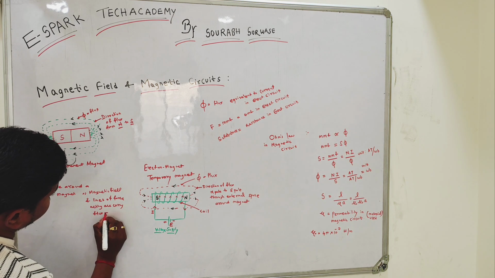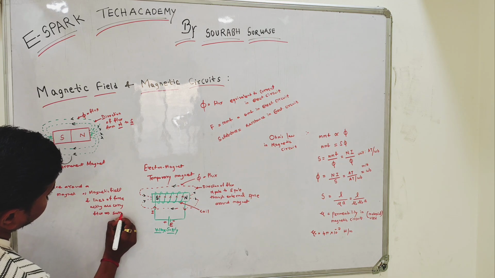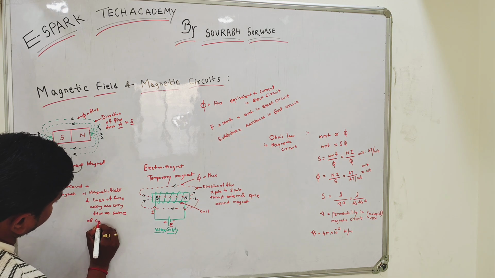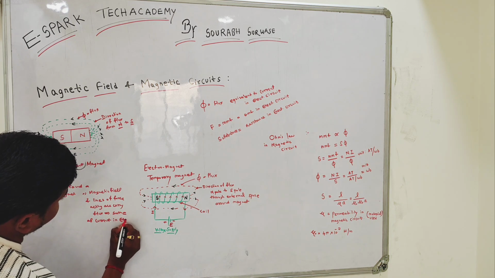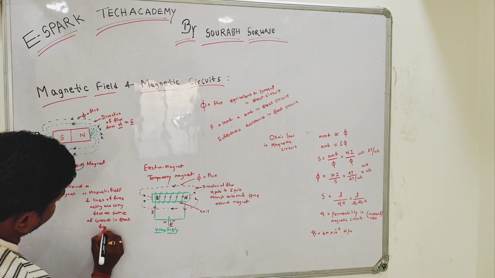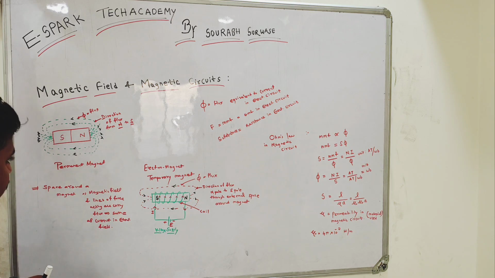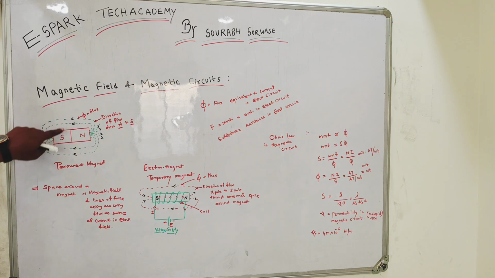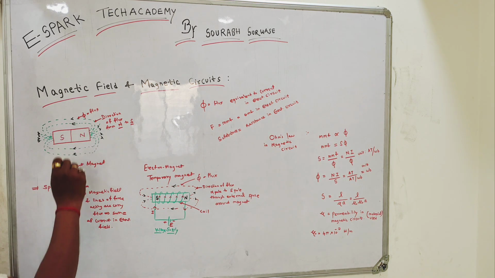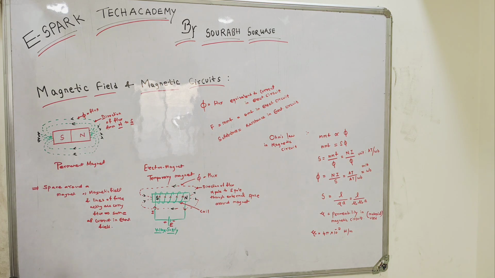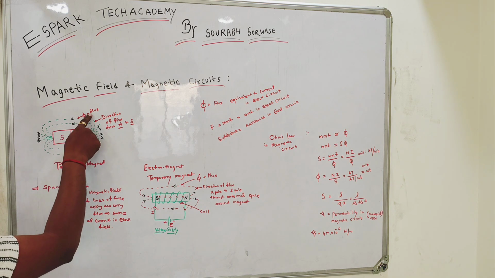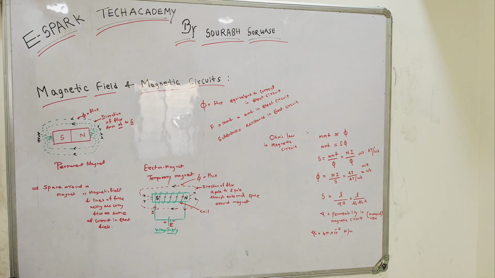It is the same as current in an electric field. The direction of field is given, and this is flux phi, which is due to a kind of energy present, and due to that force the flux exists here.